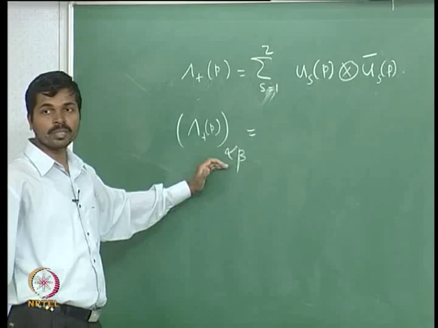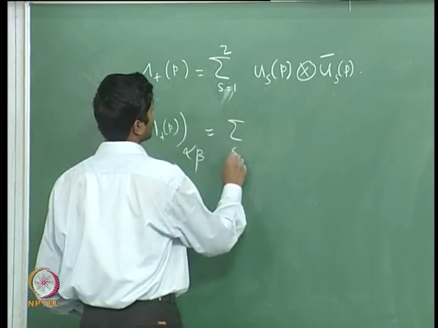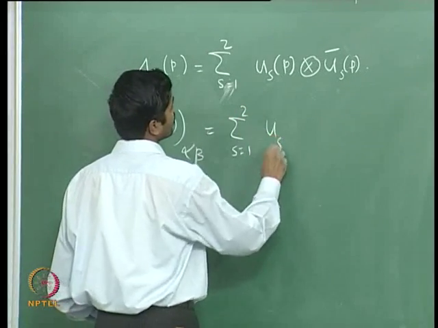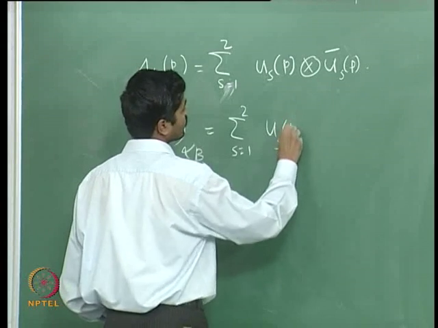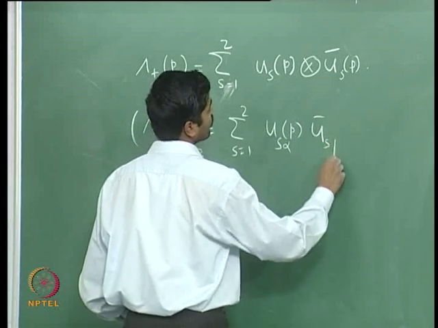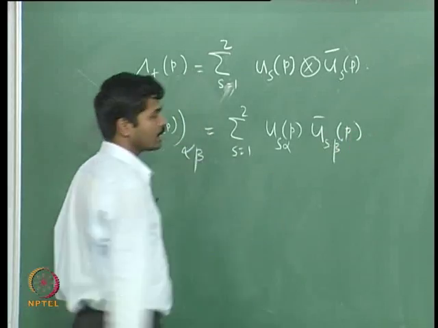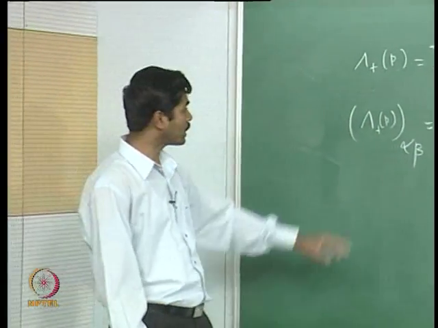This symbol simply means the sum over s equal to 1 to 2 of u_s alpha of p times u-bar_s beta of p. That is all. That is what I mean by this.